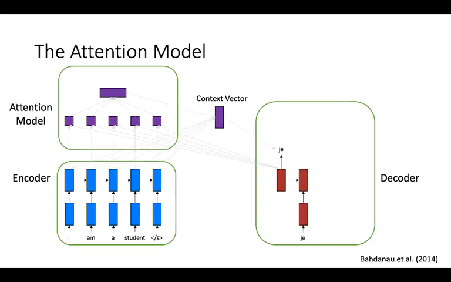Given the previous word token, you have the current hidden representation for the previous context, and then you compute the similarity between this token and the other source tokens, and you find the most relevant context vector. Combining this vector and this vector, you can predict the next token.